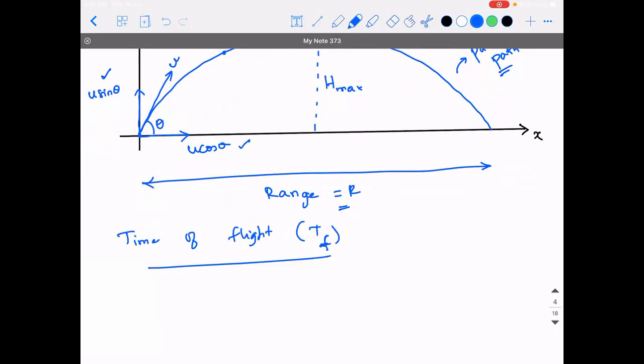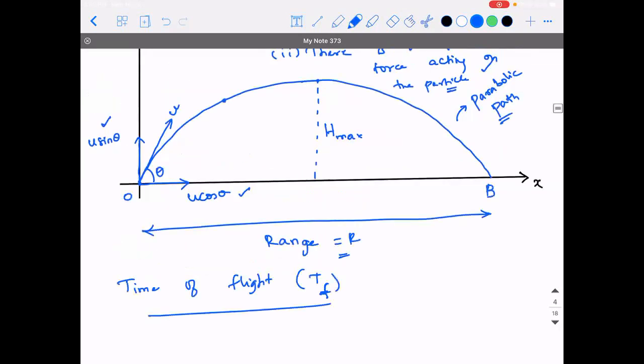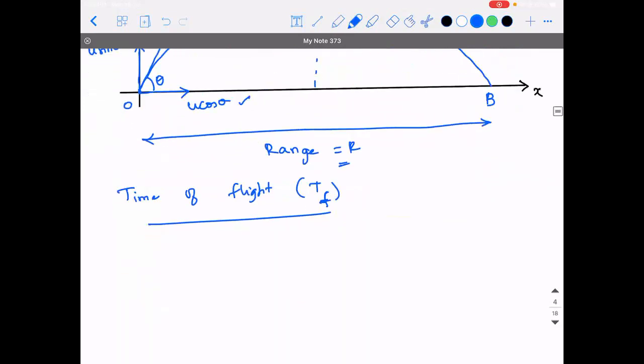What do you mean by time of flight? The total time taken by the particle to travel from point O to point B.